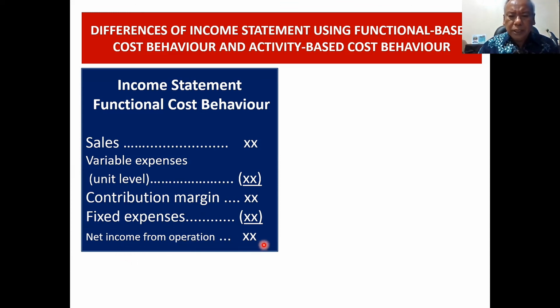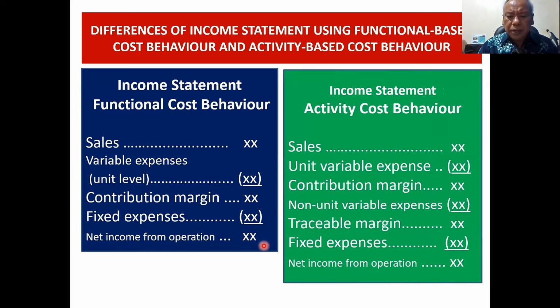If you are using the activity cost behavior, the format of the income statement is sales minus the unit variable expenses, and then we find the contribution margin. Then we subtract the non-unit variable expenses, covering the batch level and the product level costs, and then we find the traceable margin.